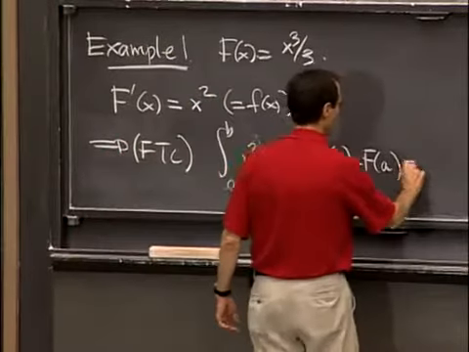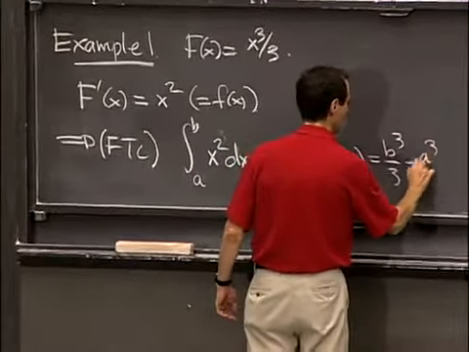And that's equal to b cubed over 3 minus a cubed over 3.